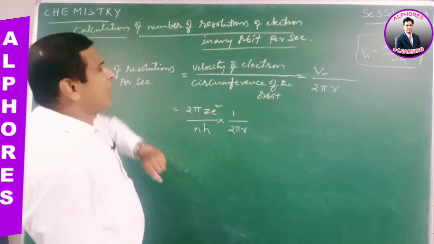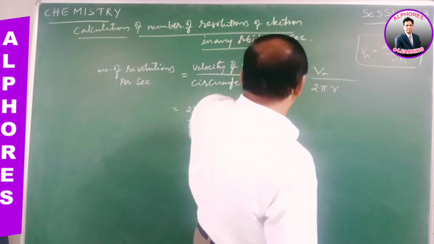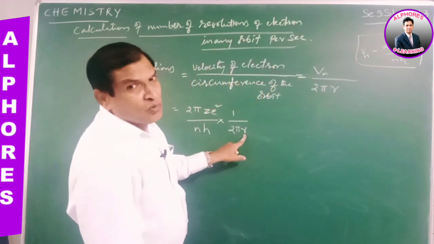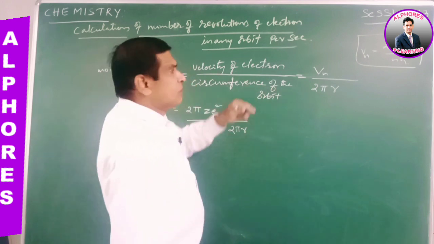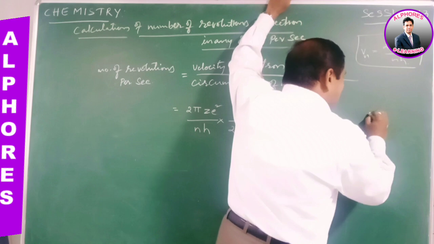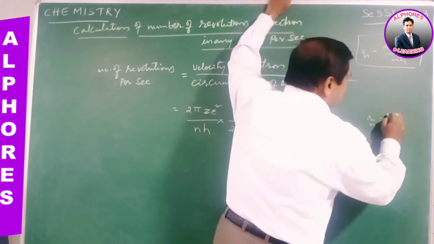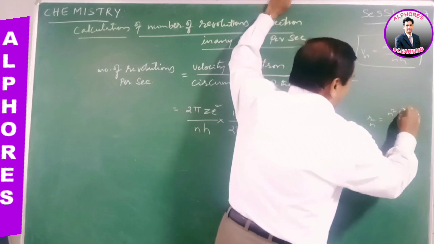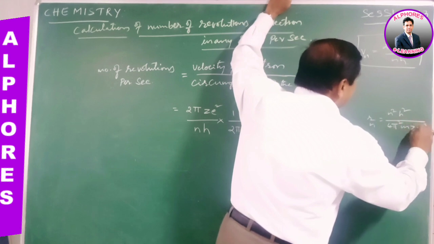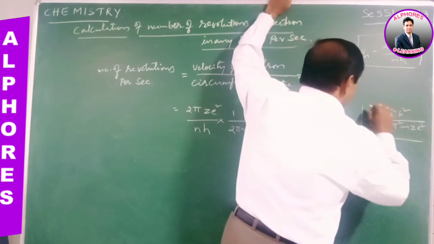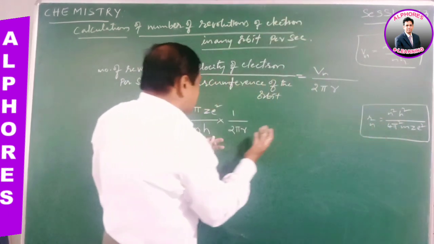First we substituted the velocity, then r, where r is the radius of the nth orbit. As we know, the radius of the orbit rn is equal to n²h² by 4π²mZe². So this is the radius of the orbit. Now substitute the radius in this.